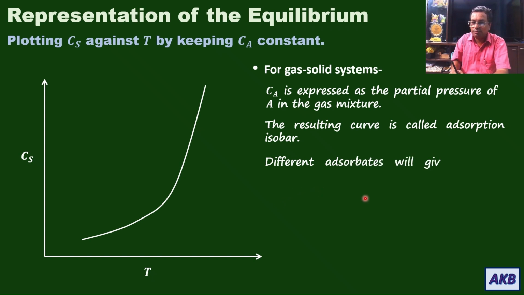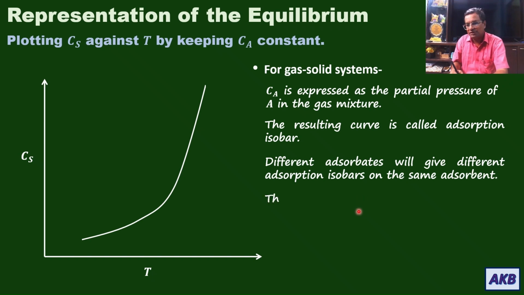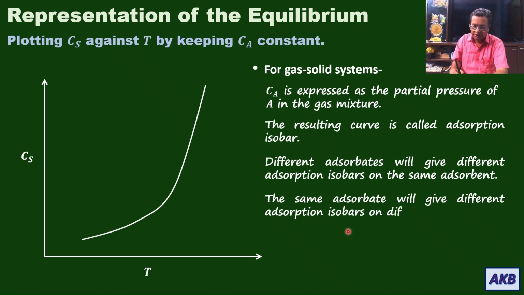Different adsorbates will give different adsorption isobars on the same adsorbent, and the same adsorbate will give different adsorption isobars on different adsorbents. So in the third way of representing the equilibria, you are plotting Cs on the y-axis and temperature on the x-axis, keeping Ca constant.